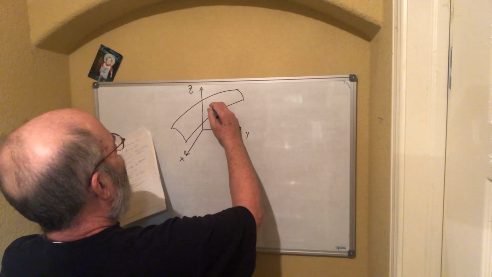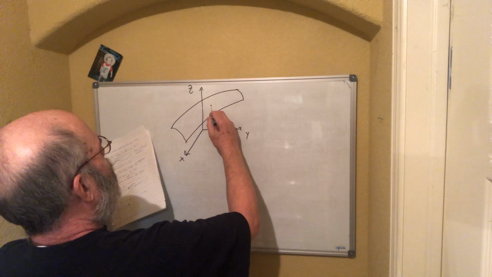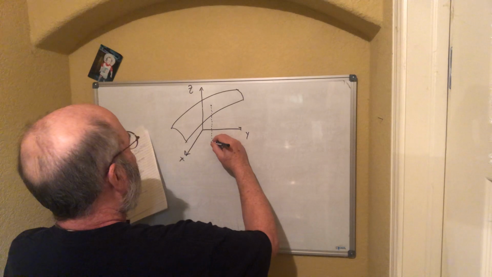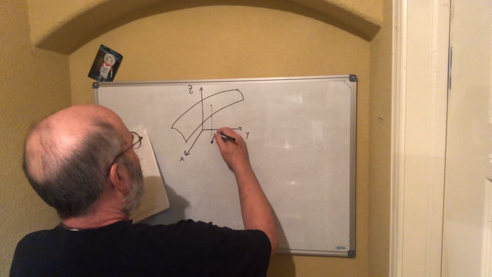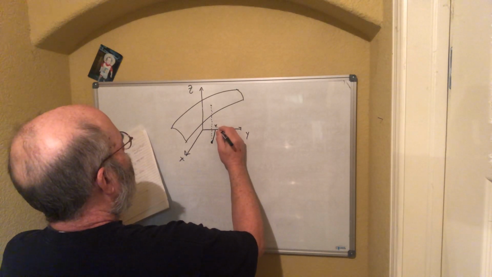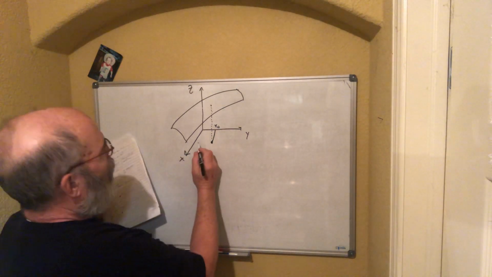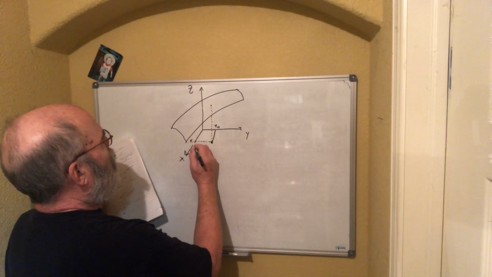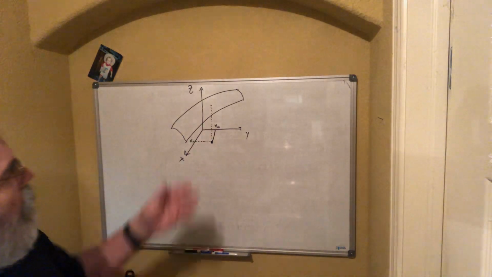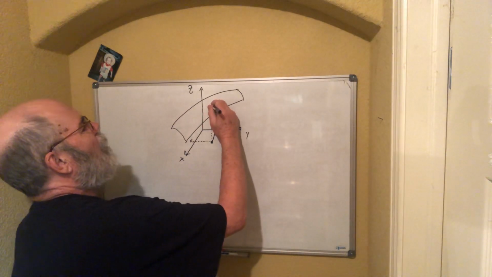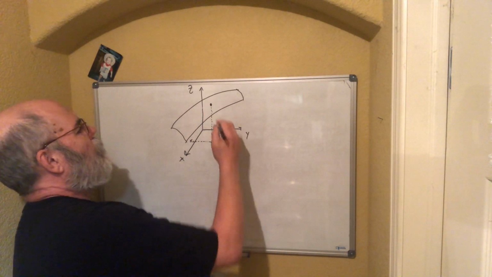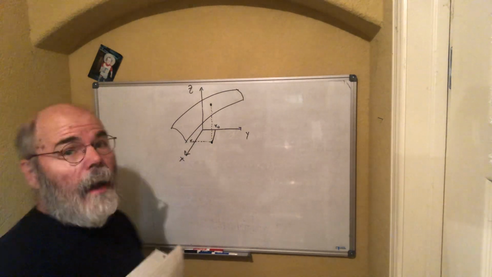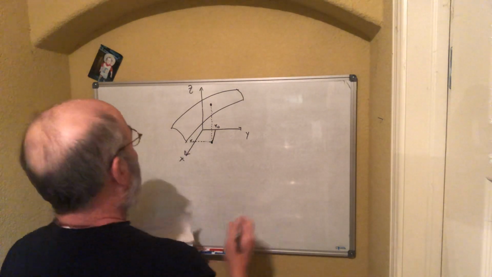Up here we have a point on the surface. We drop it down to the projection on the XY plane. So there's the Y naught value and the X naught value. Basically, this will be the point about which we are expanding to get our approximation.